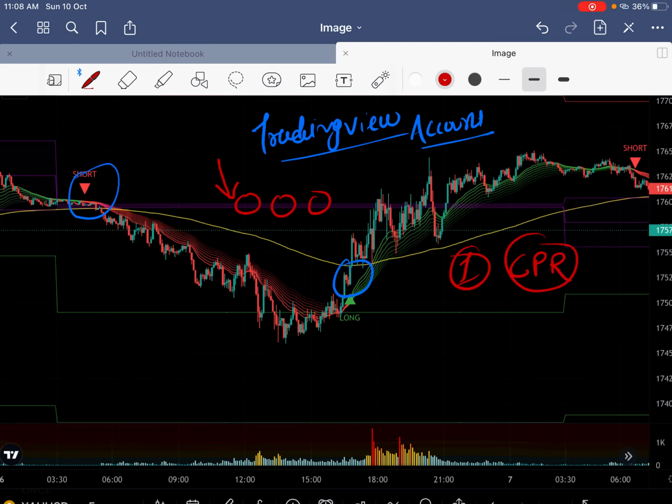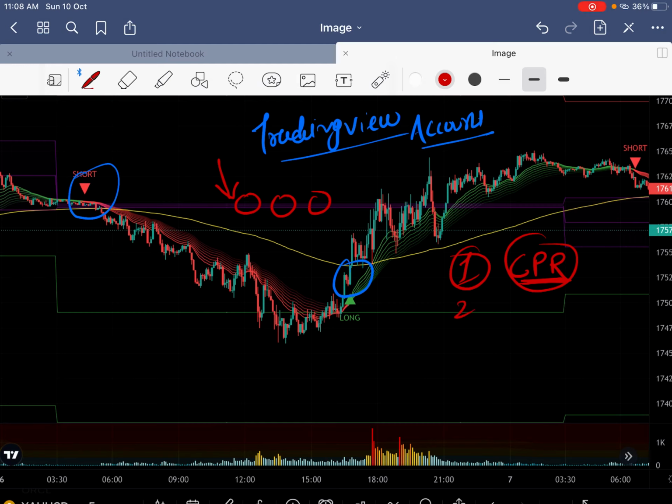I will discuss this indicator in detail in another video, but you just have to remember the name, and you can find it in the indicators panel of TradingView. If you are not able to find this indicator in TradingView, then message me in the comment section, and I will share the names of the indicators that I'm using.